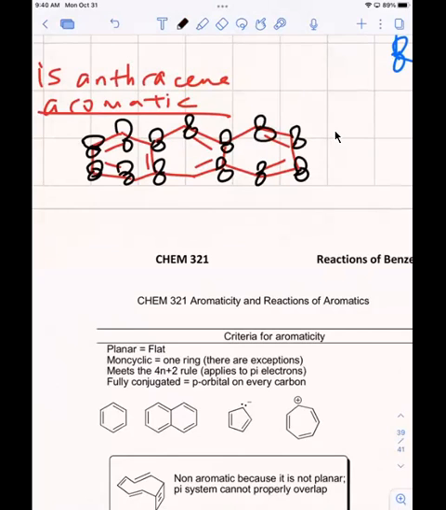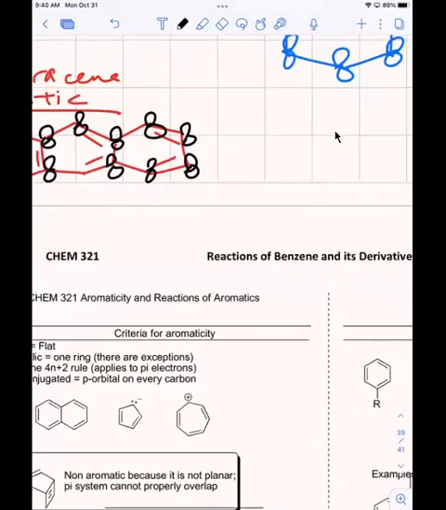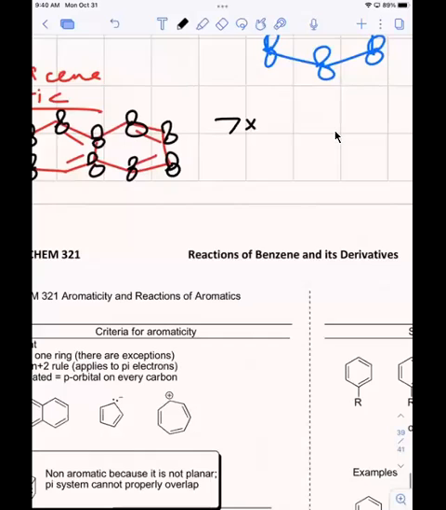All of those p orbitals overlap. How many pi electrons are there? Got seven pi bonds. 14. Good.